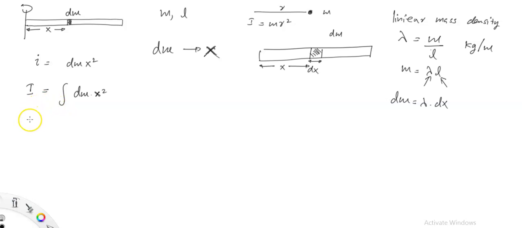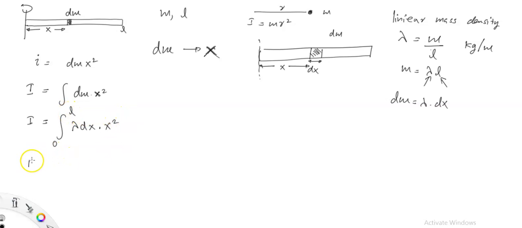I equals the integral of lambda dx x squared, and I'm rotating around this point, so my x starts from 0 and goes all the way to L. This end is L. So 0 to L.